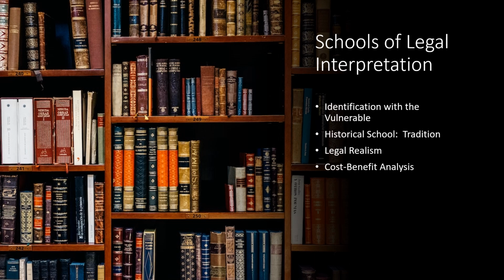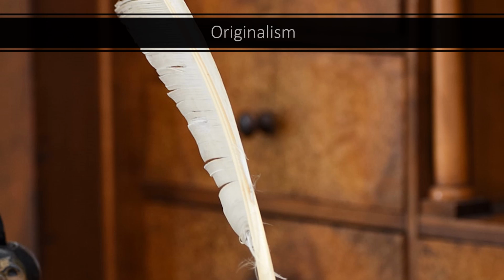I'm not going to talk really about those in any detail at all, but I did want to talk a little bit about something, again, you hear quite a bit about in the news. I did want to talk about one theory of interpretation that is talked about in the book, and that's this idea of originalism. And originalism is also something you might have heard in the news recently.